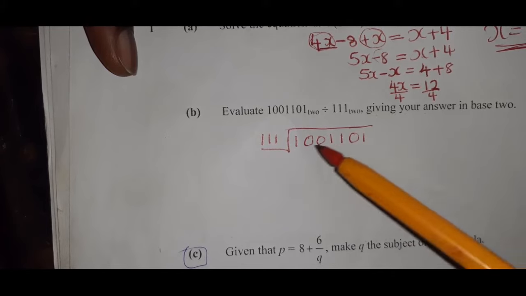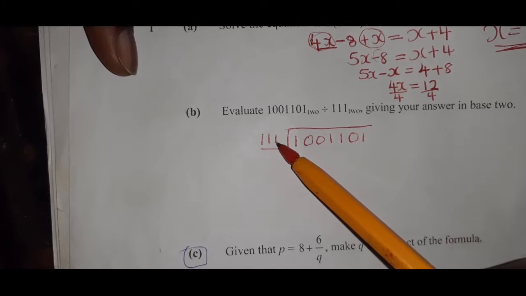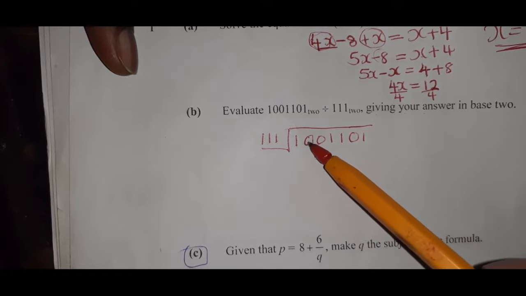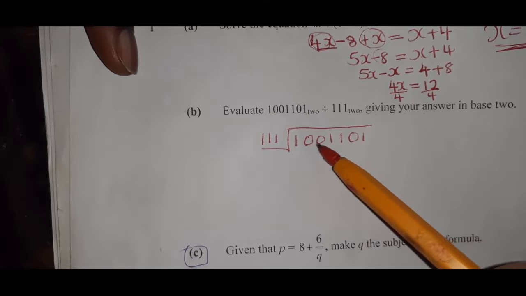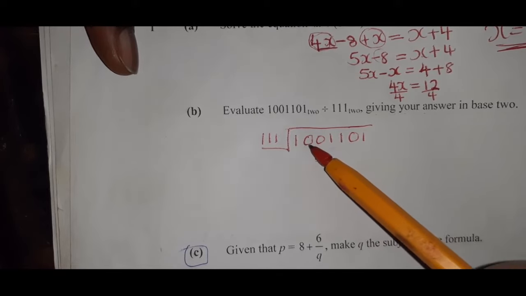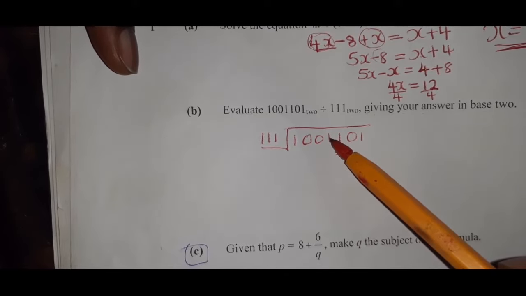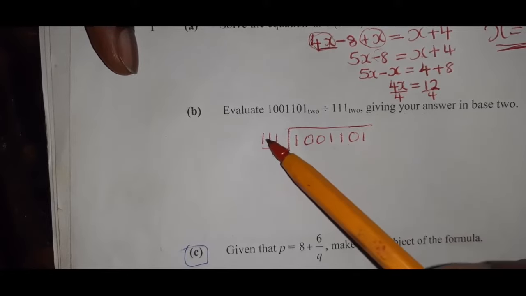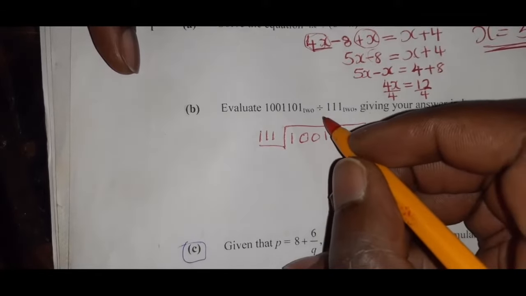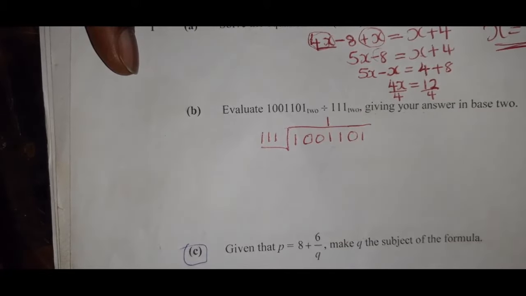Now when you look at this number, this number can only go into 1 0 0 1. How many times can it go? As long as it can go into this number, it is just once.